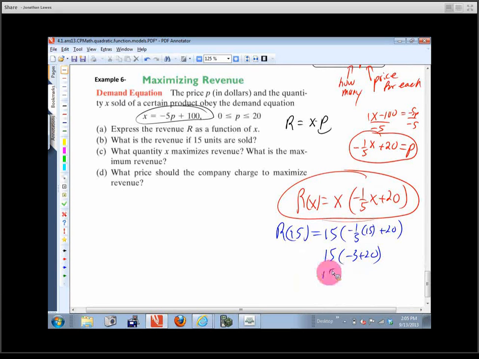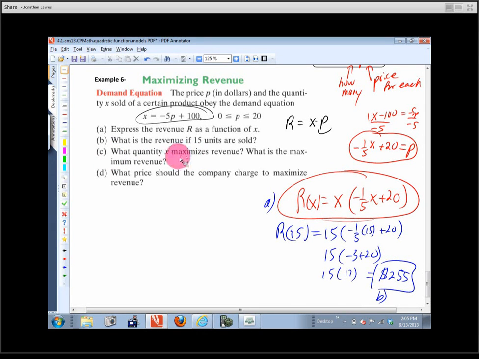So that's going to be 15 times 17. So that's going to be $255. Is that right? Part A here, part B here. Ready? Any questions about this one right here? Okay.